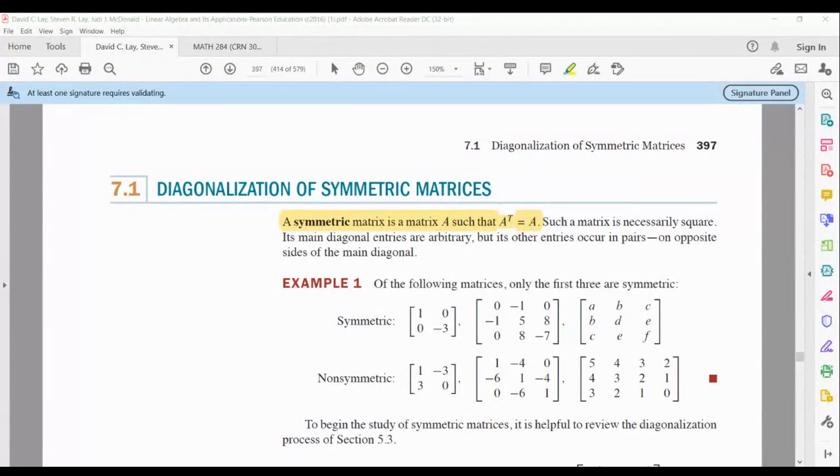The main diagonal entries are arbitrary, but the other entries occur in pairs on opposite sides of the main diagonal. So here, for instance, you see three symmetric matrices in this example one.